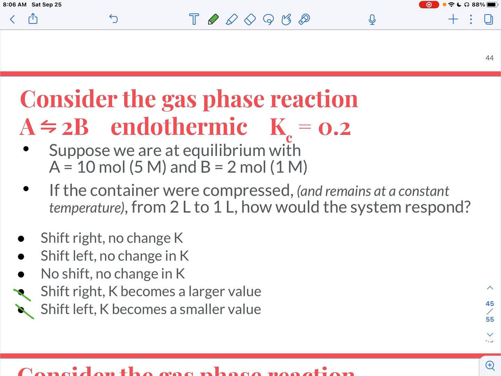So our answer is this, and that's just something that you need to know. If you increase the pressure of a system at equilibrium, the system will move towards the fewer moles of gas. So here, when we increase the pressure by decreasing the volume, it shifts to the fewer moles of gas. It goes to the 1 mole of gas as opposed to the 2.